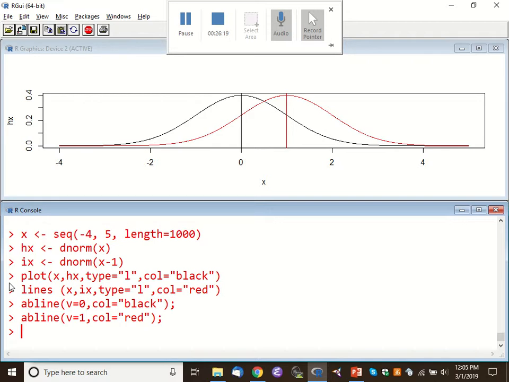How different are the means of these two distributions? The mean of the distribution is indicated by what? The line, the vertical line. So how different are the two means here? 1. Yeah, that's it exactly.